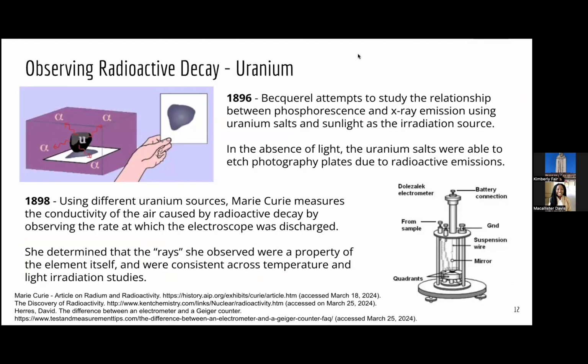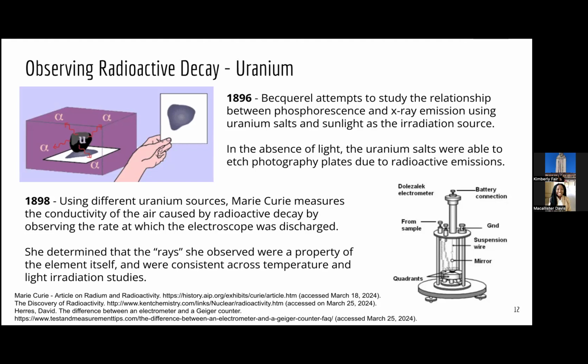So when it comes to observing radioactive decay, initially with these uranium salts, as we kind of said before, in 1896, Becquerel was the first to observe and understand kind of what was happening here. He set out to transform photographic plates using uranium salts over an opaque piece of paper.